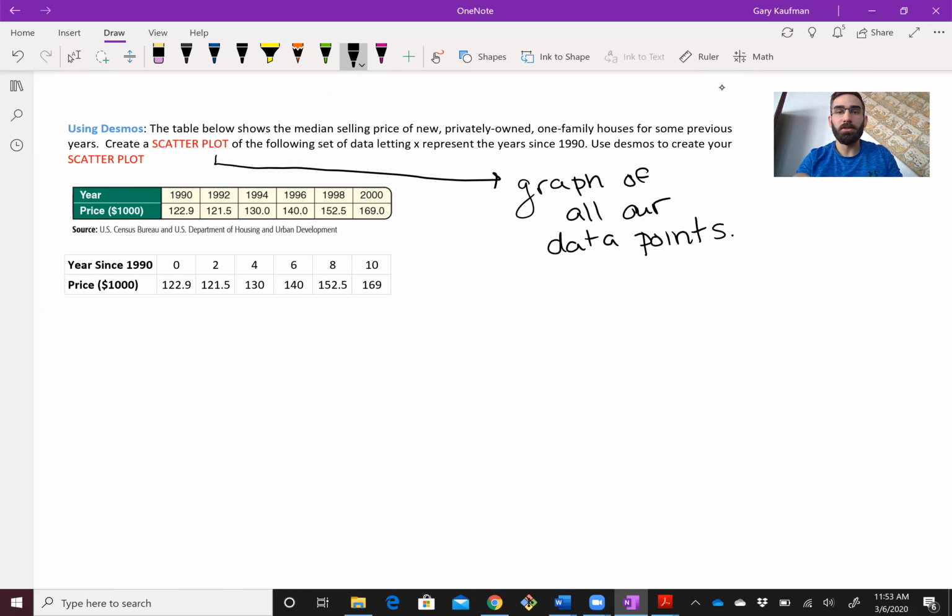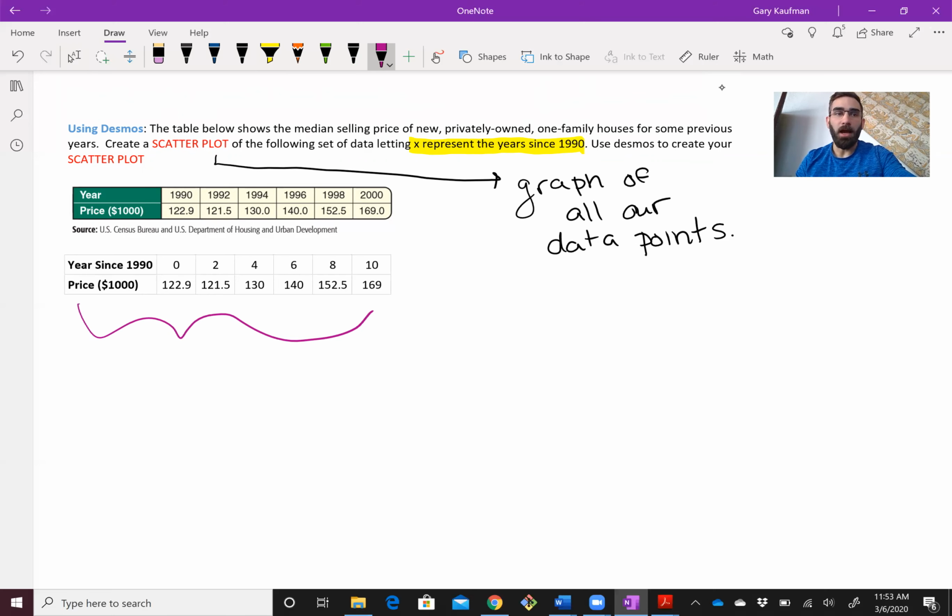Now, we're saying to let x represent years since 1990 for this situation. And that's why I rewrote this second table showing 0, because 1990 is 0 years from 1990.